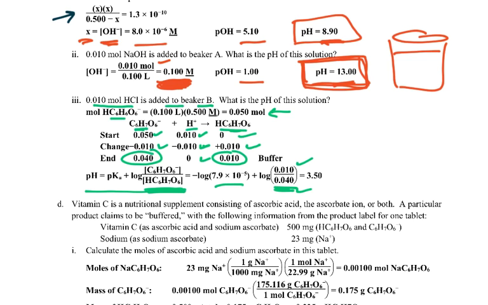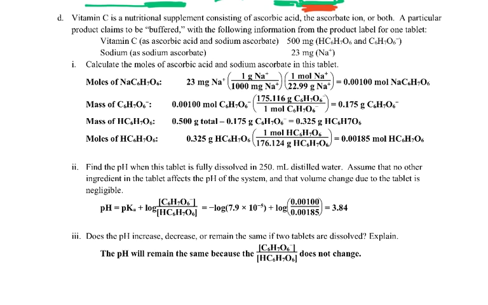When all is said and done, we get a pH here of 3.50. So when we put the base in, the base made all the difference. We got a pH of 13.0. And when we put the acid in, we had a reaction, and we ended up with a buffer with a pH of 3.50.